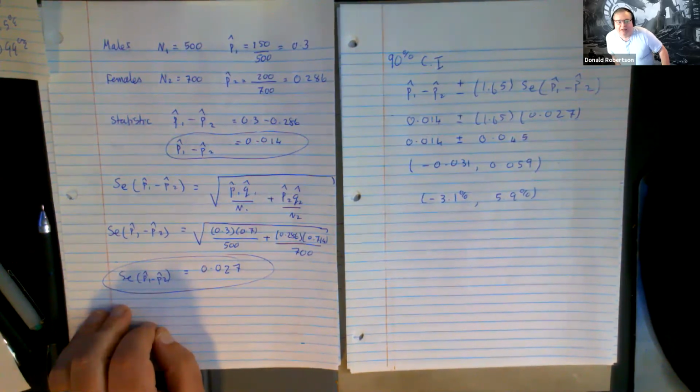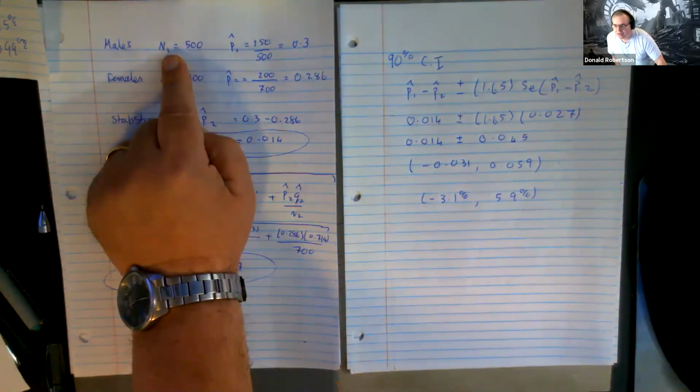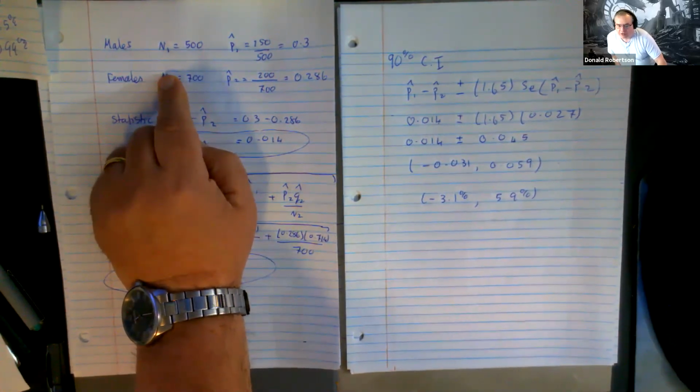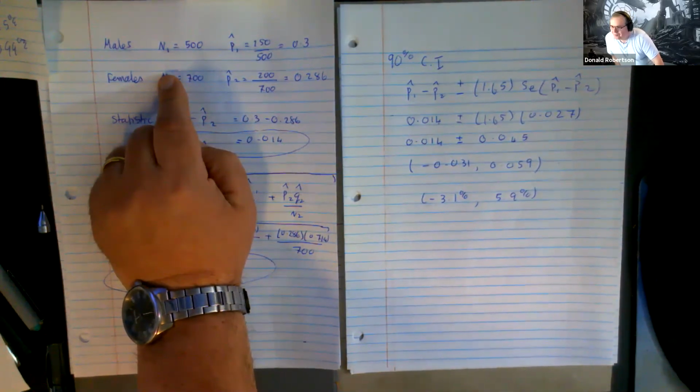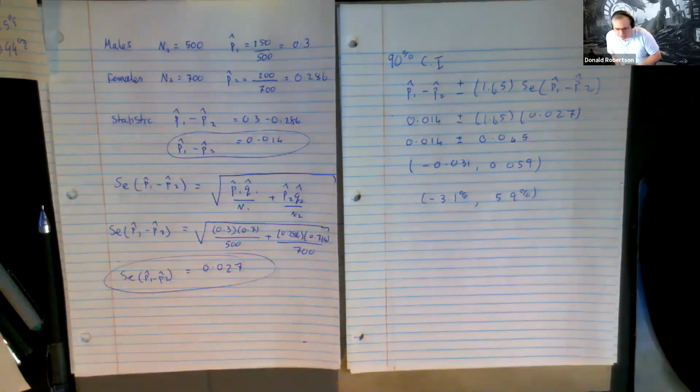It's true for these. All you do is the n1 p1, n1 q1, n2 p2, n2 q2. God, that's a lot to say. Basically, doesn't everything have to be bigger than or equal to 10? That's essentially it, right? So we can't really do that test unless it's true.